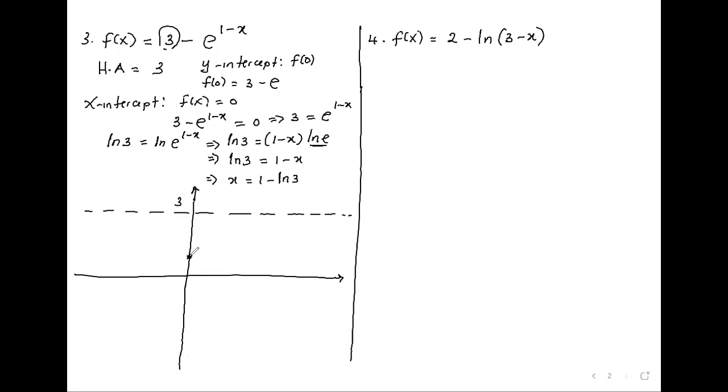And then because the power is negative, this is going to come in this direction. So this is 1 minus ln 3. And then the other one is 3 minus e.